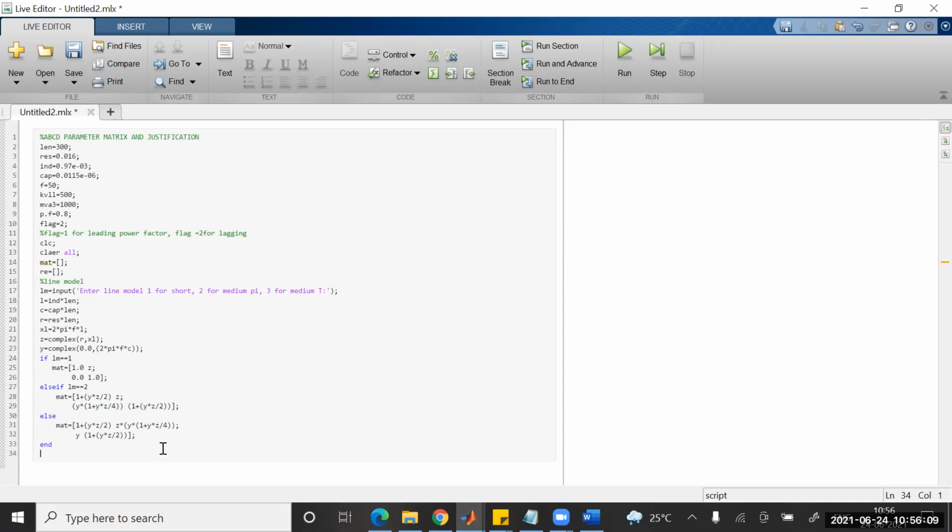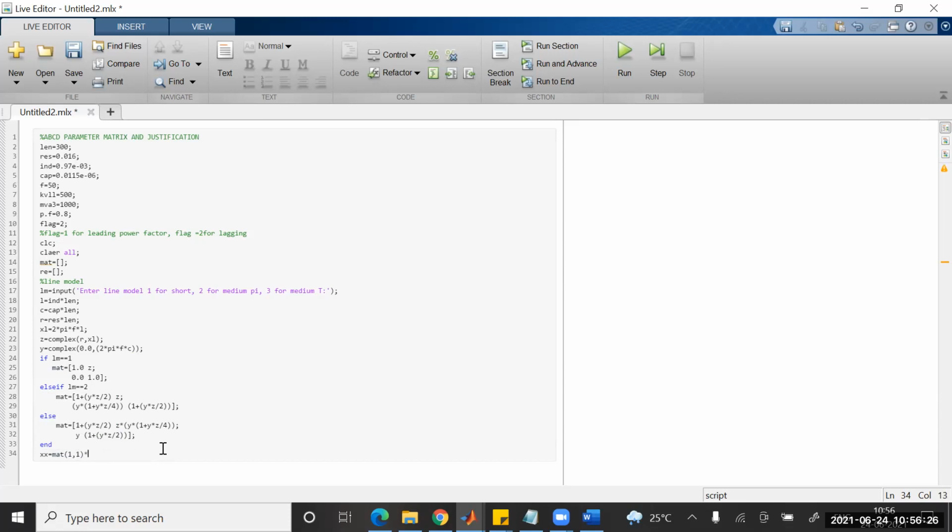Now when this equals to, I'm taking this equals to mat(1,1). Okay, this is a coding.